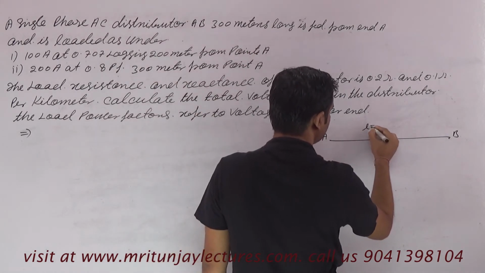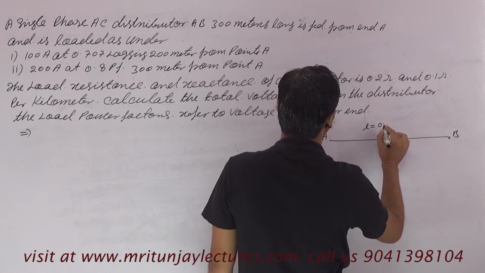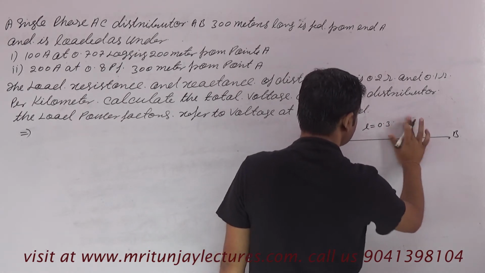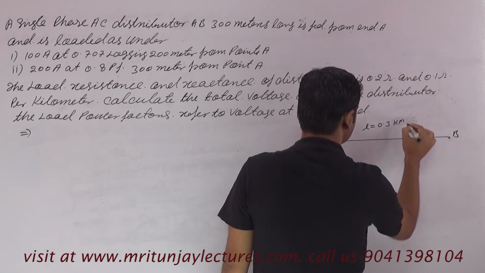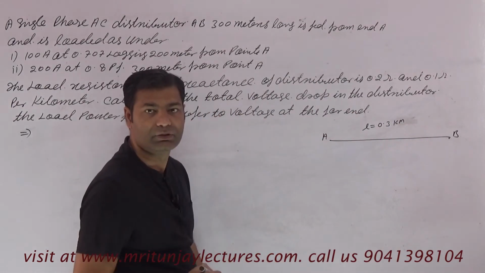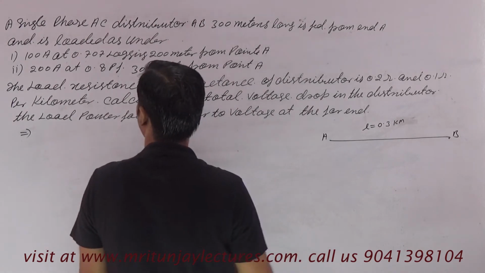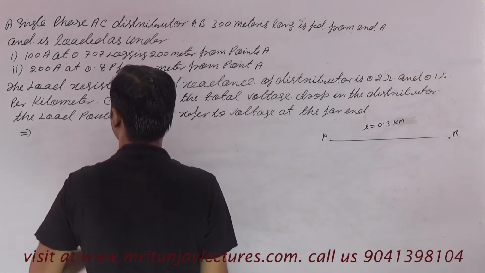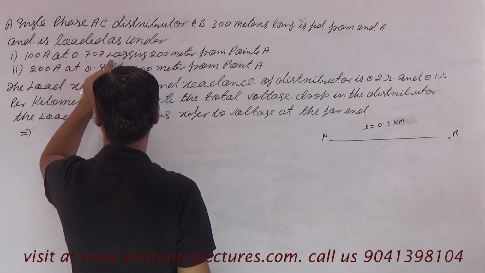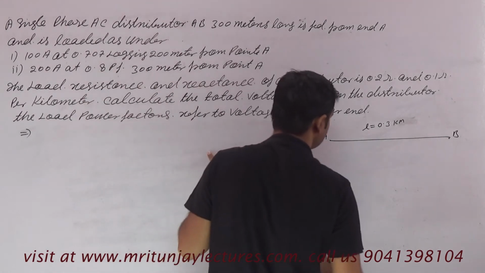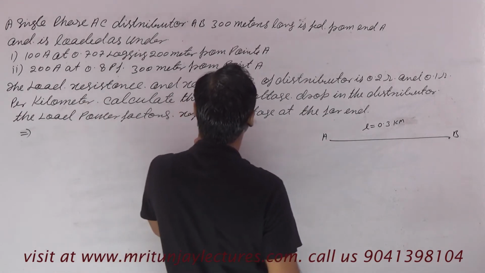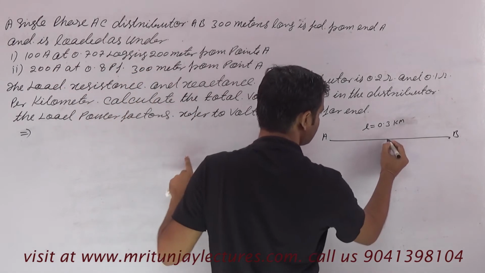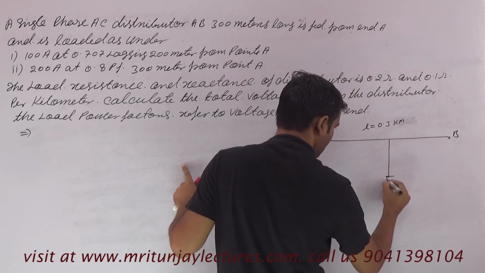L is equal to 0.3 kilometer when converted into kilometer. Now the loads are located as under: 100 ampere at 0.707 lagging power factor from point A, 200 meter away.